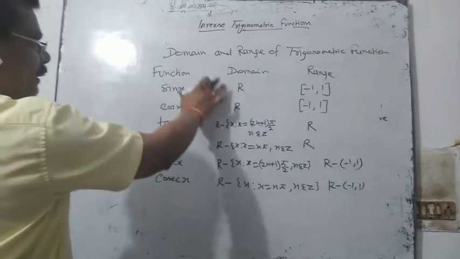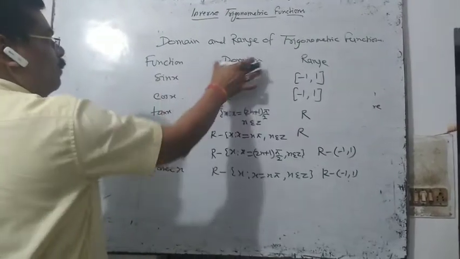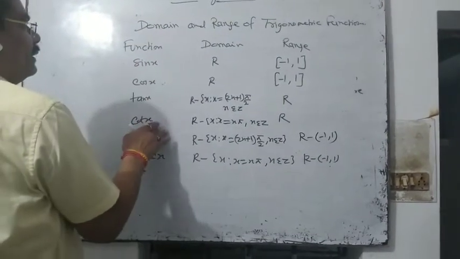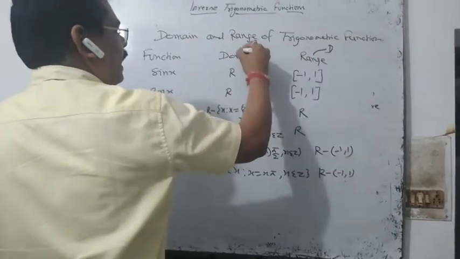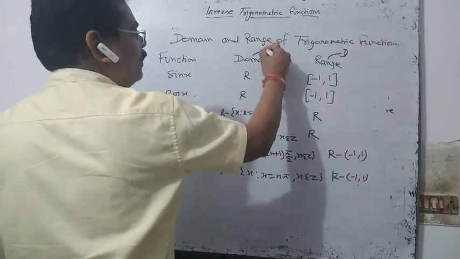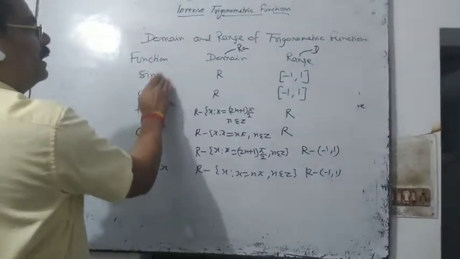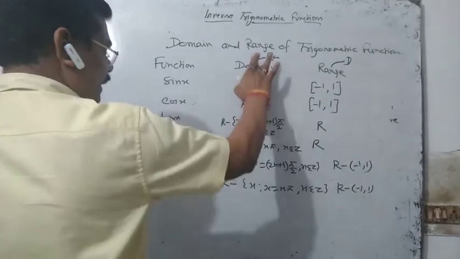So this is a trigonometric function. In a trigonometric function, there is domain and then range, and in an inverse trigonometric function, range converts to domain and domain converts to range. That is, for the inverse of this function, the range is your domain and the domain is your range.